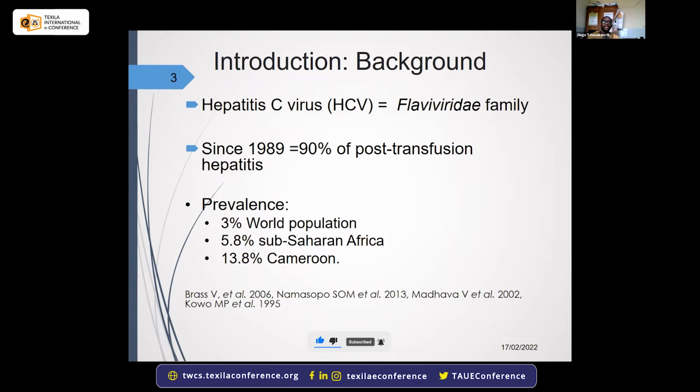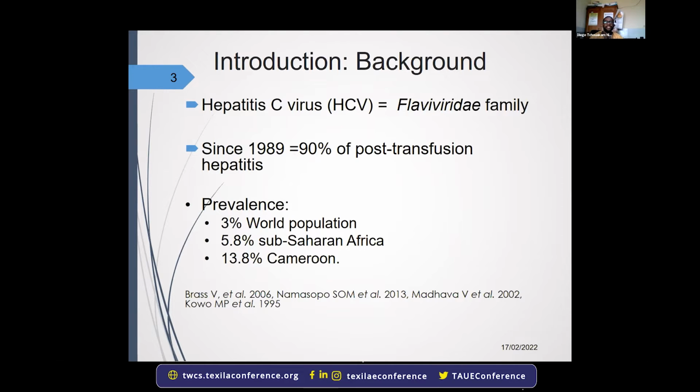Hepatitis C virus is a virus of the Flaviviridae family, unlike HIV. It was discovered in 1989, and around then we had about 90% transmission due to post-transfusion, so it was very high after transfusion.